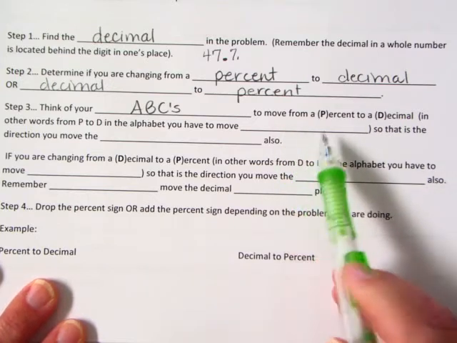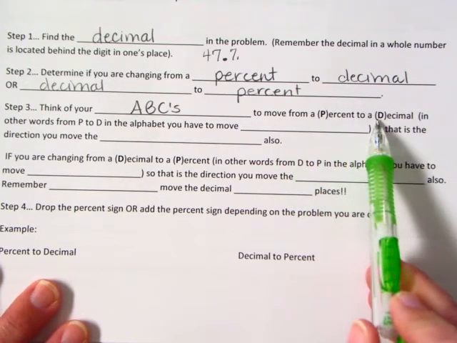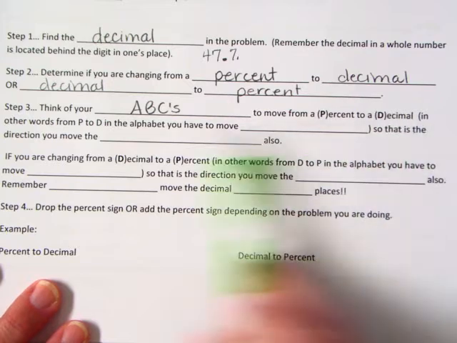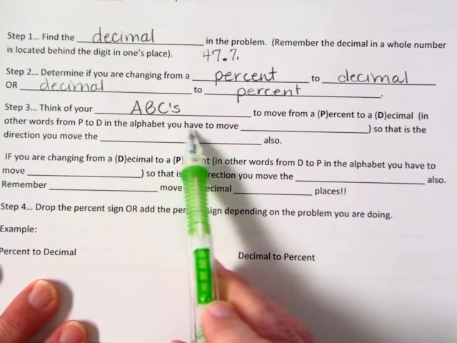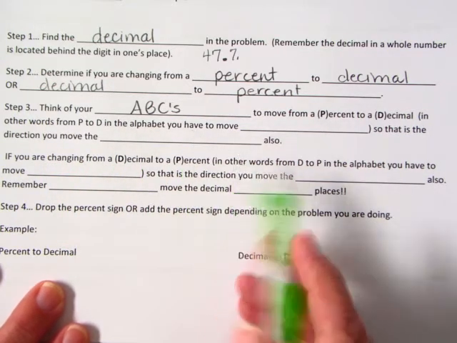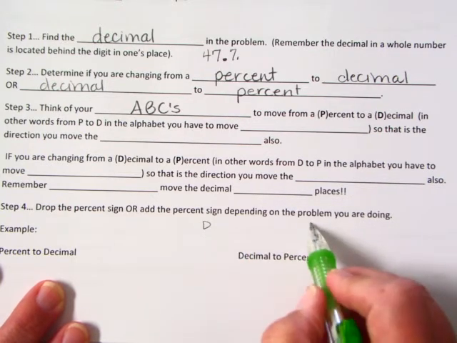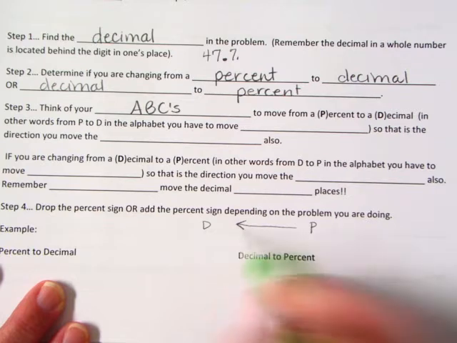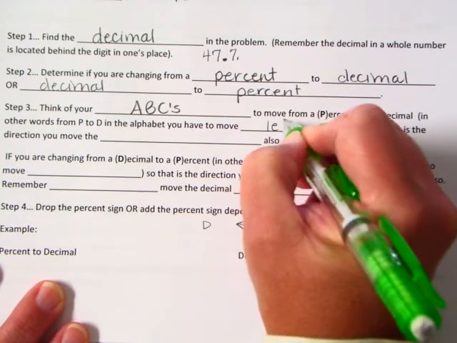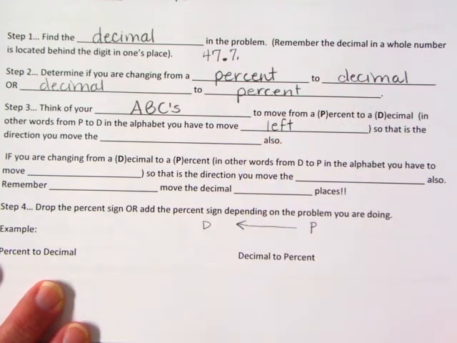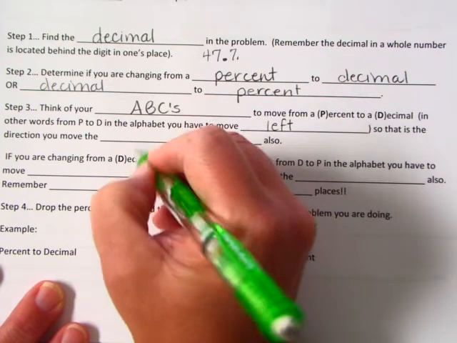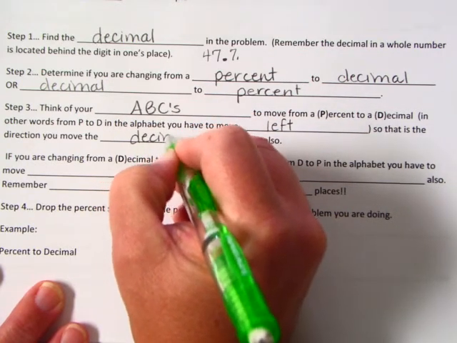To move from P, percent, to D, decimal, in other words from P to D in the alphabet, which direction do you move? If you have your ABCs, here's D, here's P, which direction do you have to move? We move to the left. So that is the direction you move the decimal also.